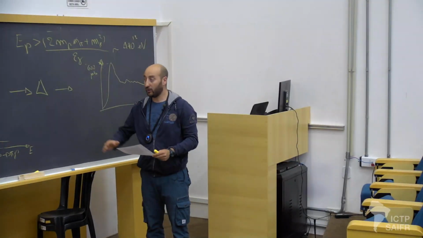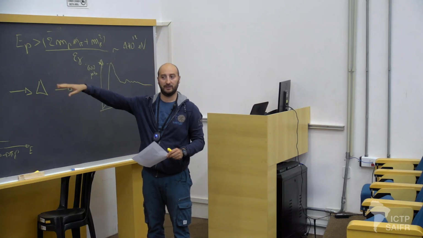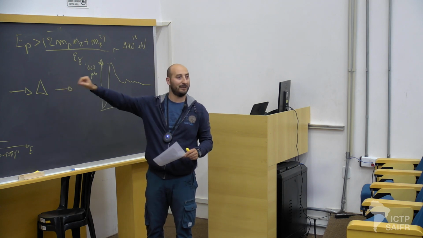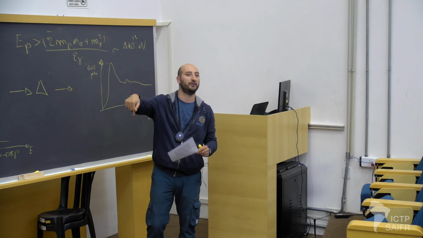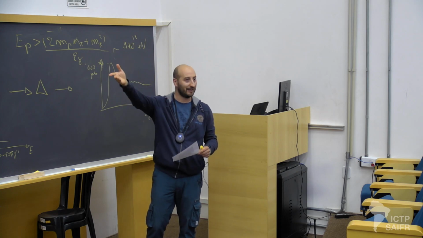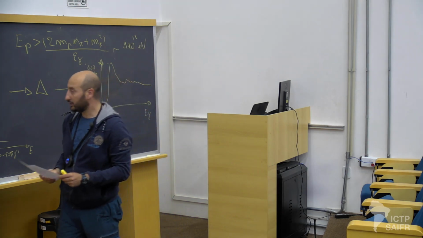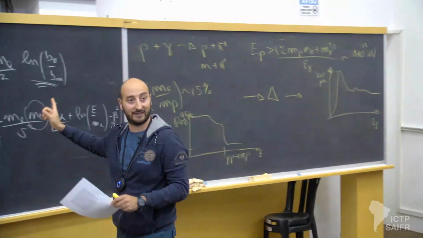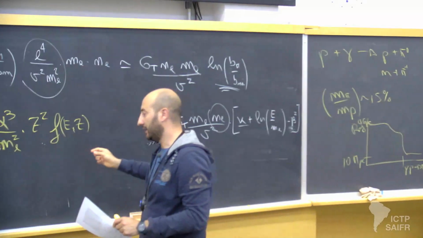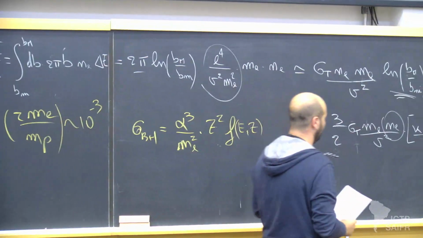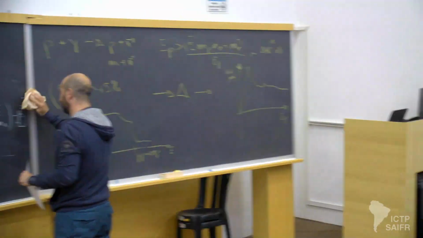Okay? If you are at sufficiently high energies, of course, this process will eventually affect also nuclei. Because in principle, a gamma can excite one of the nucleons inside the nucleus to a delta resonance and produce pions. However, for nuclei, there is a more important process that enters before this one, which is the photodisintegration. Okay? So you might have a process in which your nucleus hits a photon.